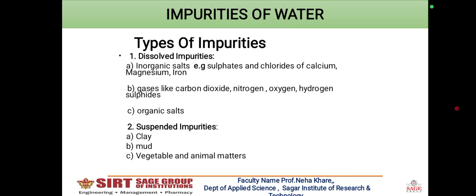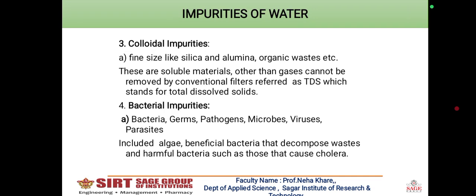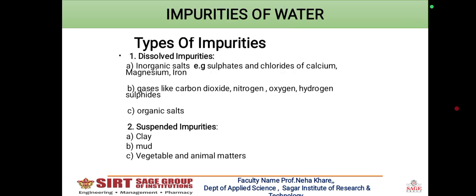First is the dissolved impurities: some inorganic and organic salts like sulfates and chlorides of calcium and magnesium ions, and also gases like carbon dioxide, nitrogen, oxygen, and sulfides, which are dissolved in the water body. So these are the dissolved impurities.